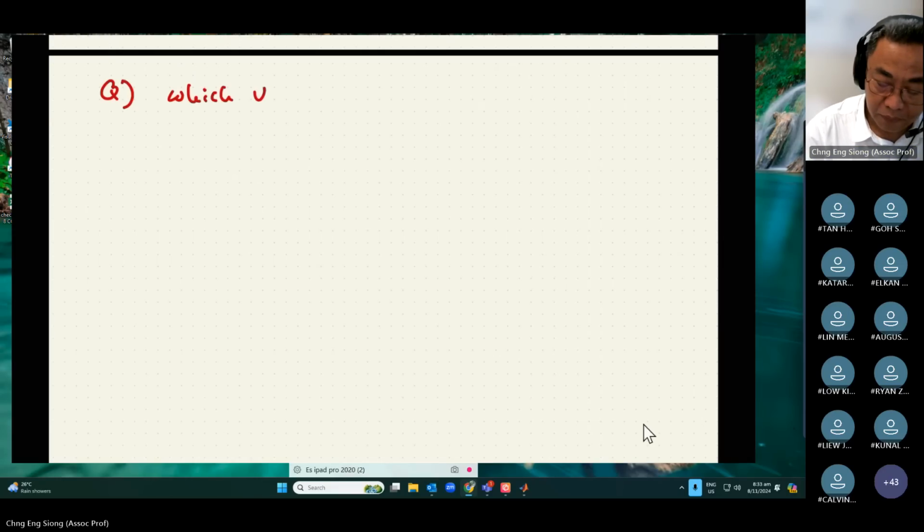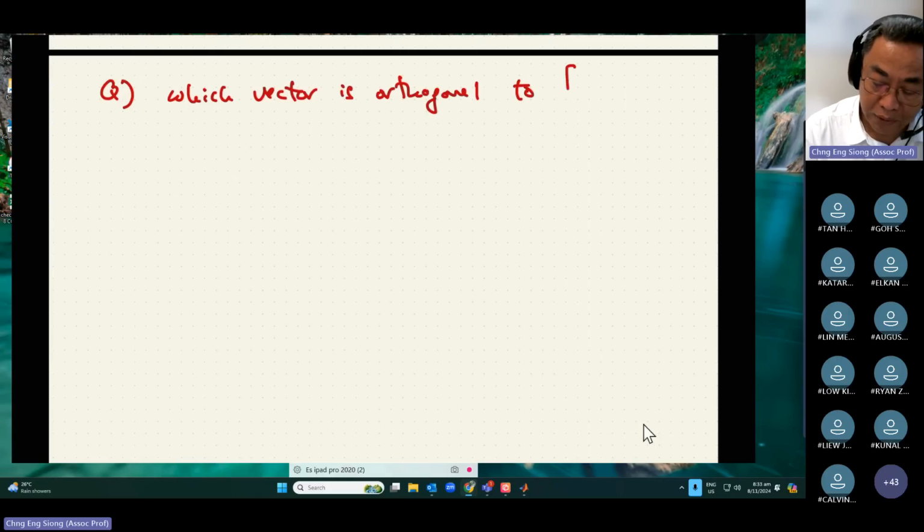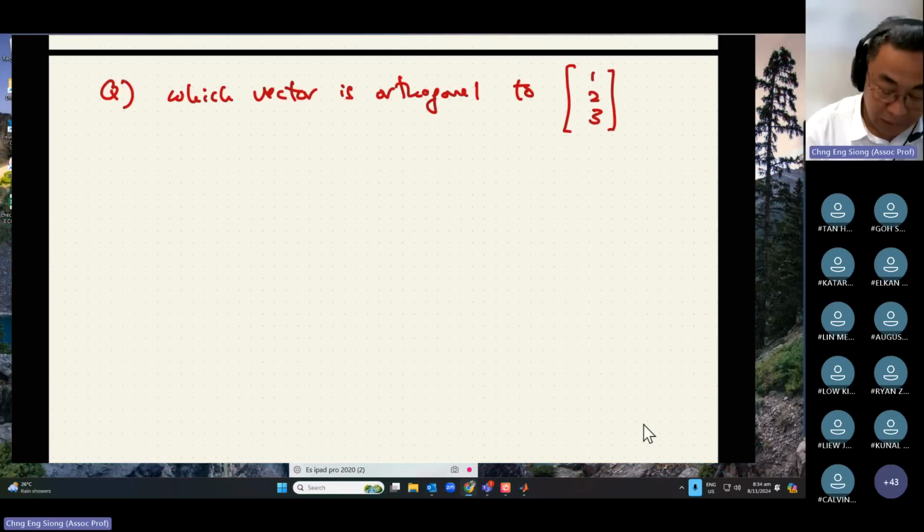So some of the questions will look like this. Which vector is orthogonal to, and I give you some vector 1, 2, 3, and then I give you some choices.